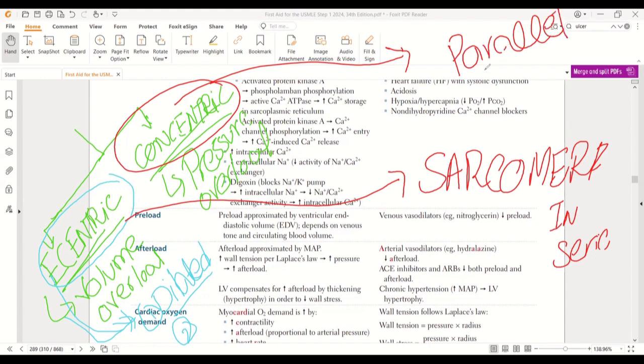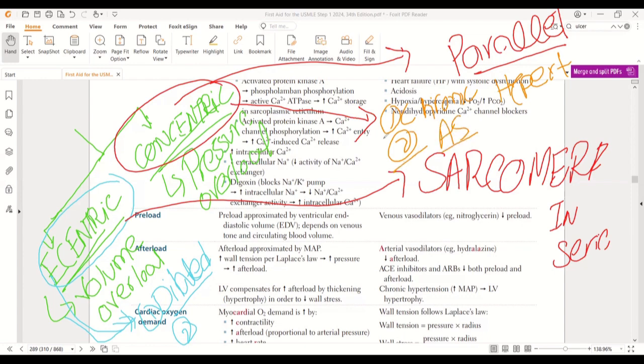And what are the pressure overload causes of concentric hypertrophy? Chronic hypertension, left ventricular hypertrophy, aortic stenosis, Friedreich ataxia.